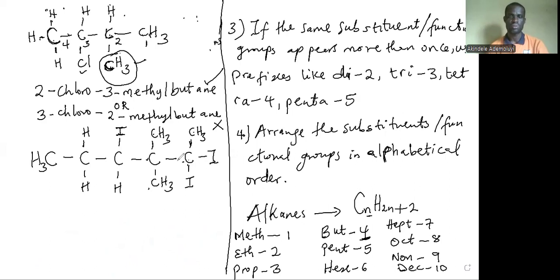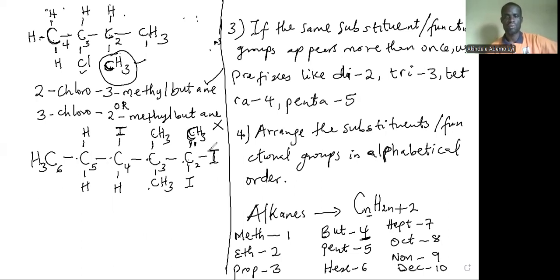No. 1, 2, 3, 4, 5, 6. Don't forget we are counting the carbons. Please don't make that mistake. We are only counting the carbons. Carbon 1, 2, 3, 4, 5, 6.